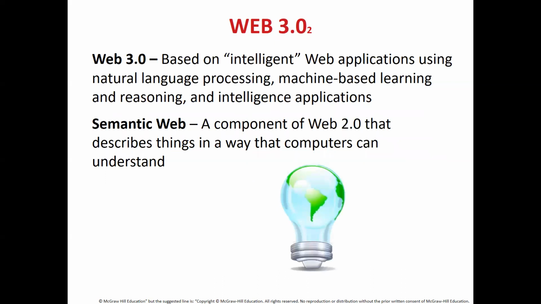Web 3.0 is based on intelligent web applications using natural language processing, machine-based learning and reasoning, and intelligence applications. So Web 3.0 is more likely a data web technology, or we call it information age technology, and is mostly artificial intelligence driven, machine learning driven, with the introduction and development of intelligent applications.